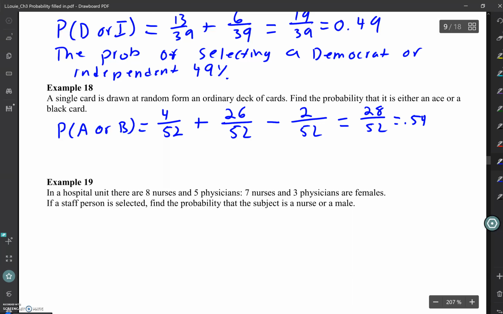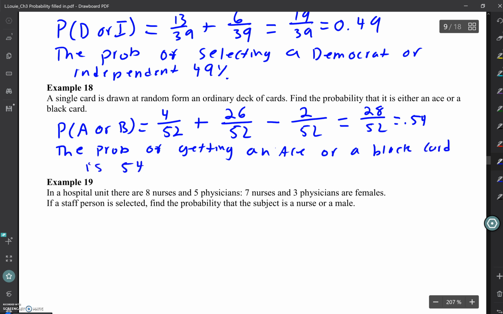All right. So then, again, we're going to be picking, and we want those sentences. The probability of getting an ace or a black card is 54%.